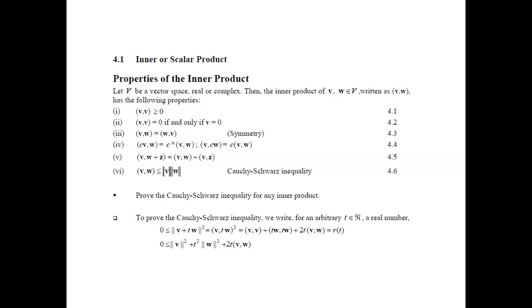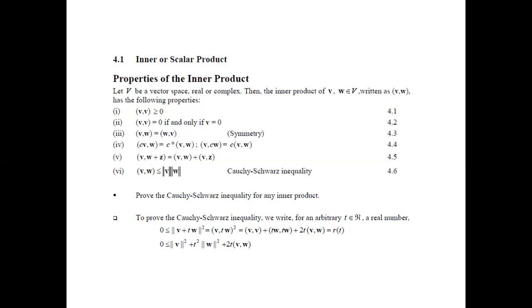To prove that inequality, we write, for an arbitrary t in R, the real numbers, 0 is less than or equal to the norm of v plus tw squared. And that in itself is defined as (v plus tw, v plus tw), which will be (v, v) plus t squared (w, w) plus 2t into (v, w), which is defined as P of t, because it's a function of t.